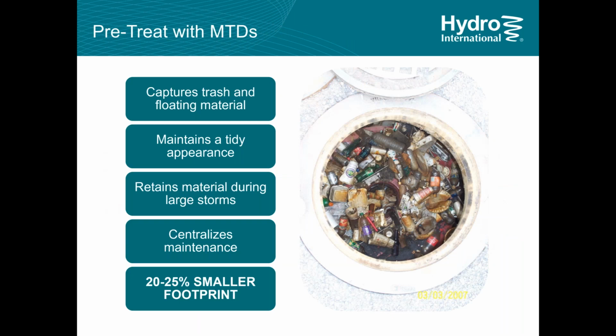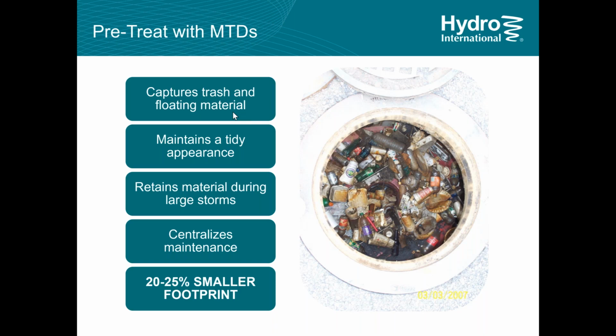This is a very straightforward thing to do, and is already in use in a lot of places. Pre-treating with a manufactured treatment device has some follow-up benefits. Not only does it keep your trash and floating material and gross coarse sediment under control, but it also helps maintain a tidy appearance rather than having that concentration of trash end up in a planted area that's intended to be attractive.